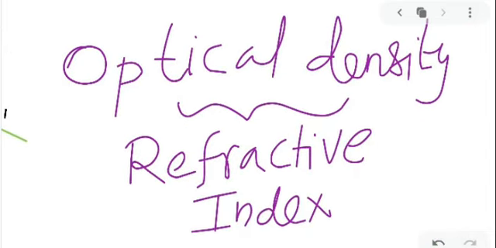It should not be like at some place the material's optical density is more, and in some place it is less. In real life situations, that may happen. The same medium can have varying optical density. This is a particular case, okay? So don't think that this is always the case.